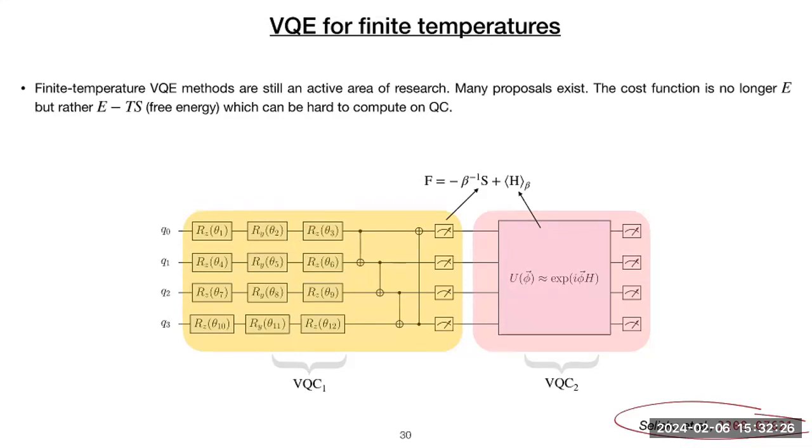For finite values of beta, you have a more complicated cost function, because now you don't want to minimize the energy, but rather the free energy, which is a more complicated quantity because now the entropy enters and the computation of entropy is not straightforward. So we are looking in this direction, trying to compute the free energy and get an approximation of the Gibbs thermal state so that we can compute OTOC in the future.